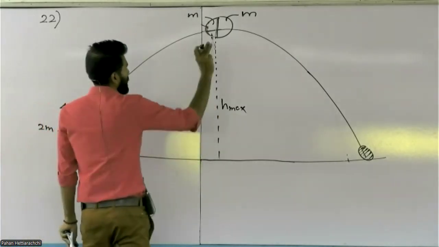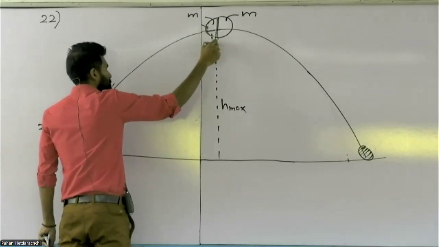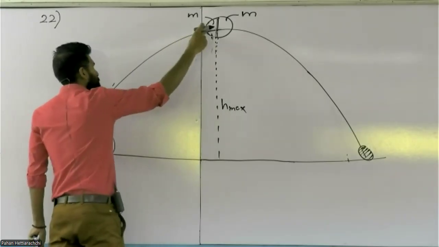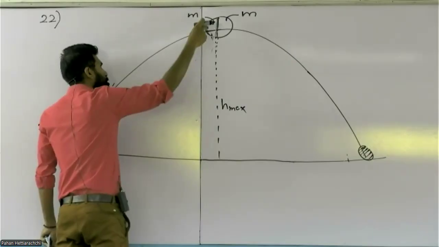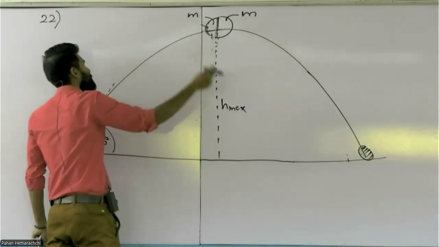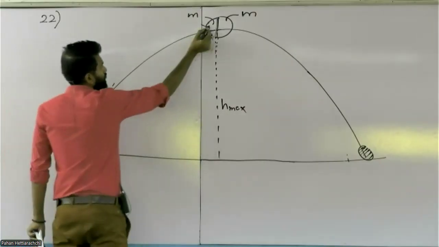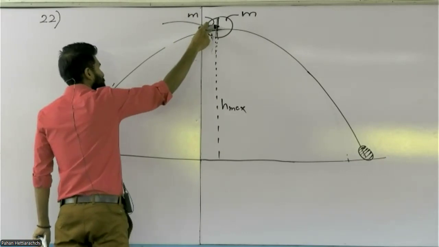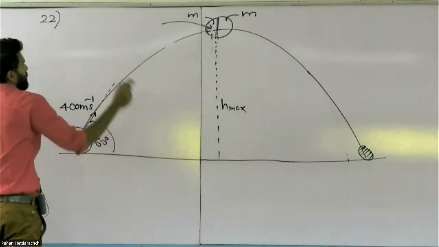Now at the highest point, it has exploded into two sub-fragments. This fragment falls down, so it should not have a horizontal velocity gained by the LMC. So this has reached instantaneous rest after the collision.